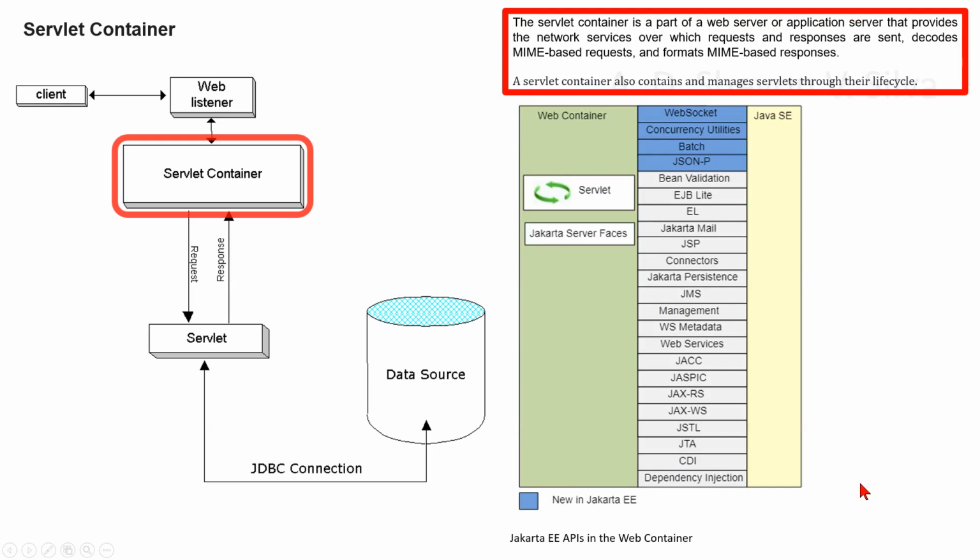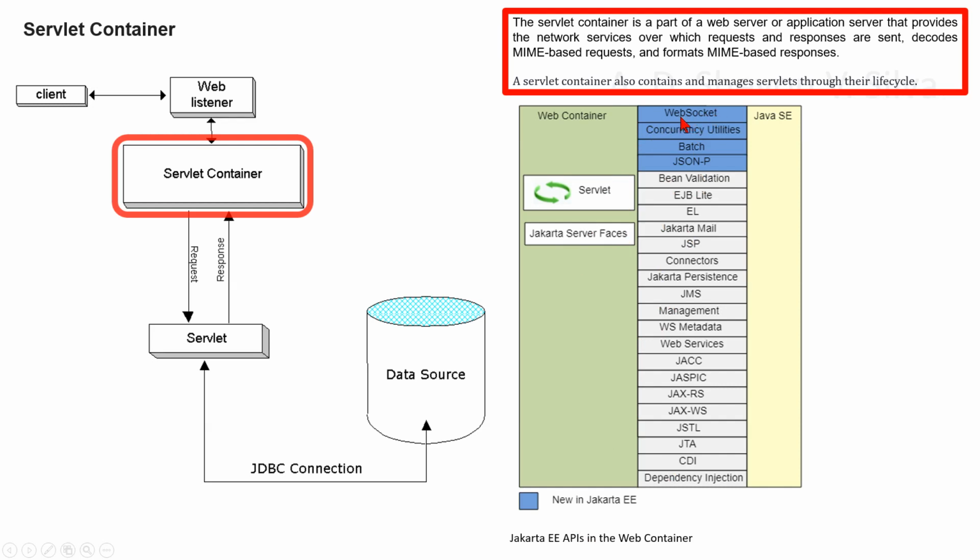Here you can see Jakarta EE APIs in the web container. In this color you can see what is new in Jakarta EE. So this figure shows the availability of Jakarta EE APIs in the web container. Here you can see servlets and Jakarta Server Faces are inside web container. Then you can see the new APIs here.